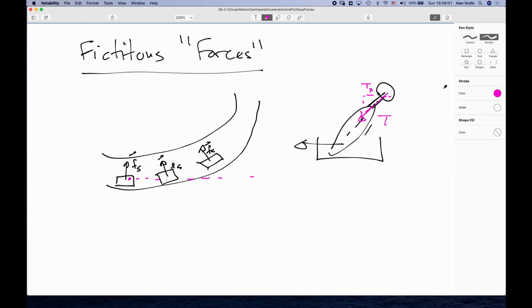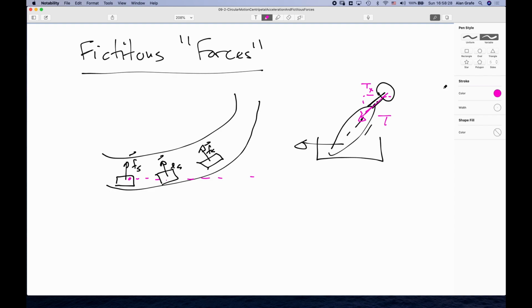All this to say, though, is that you are feeling your spine lengthen out. And so it certainly feels like you're being thrown to the outside of the curve. And so that is what people will call a centrifugal force. But really, what's at issue here is if you're trying to call that a force, you're trying to pretend that when you're going around the curve you're an inertial observer, but you're not.